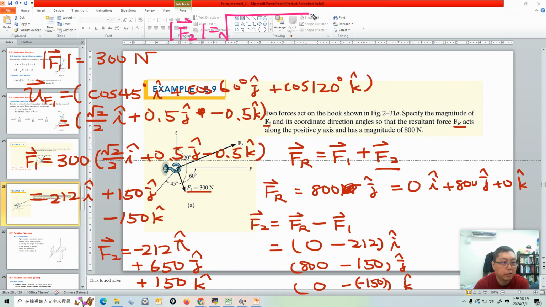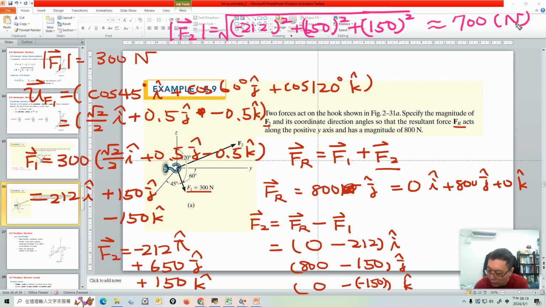It's very easy: the square root of minus 212 squared plus 650 squared plus 150 squared. I think the answer is 700 newtons.